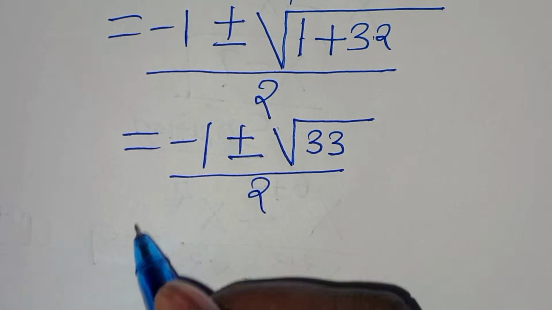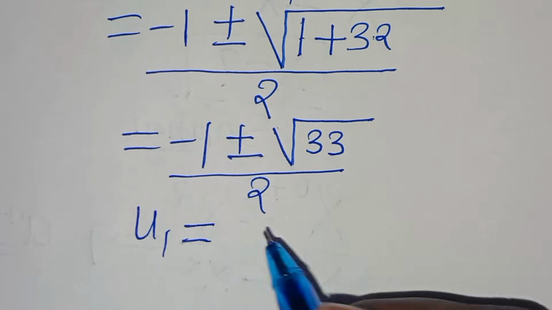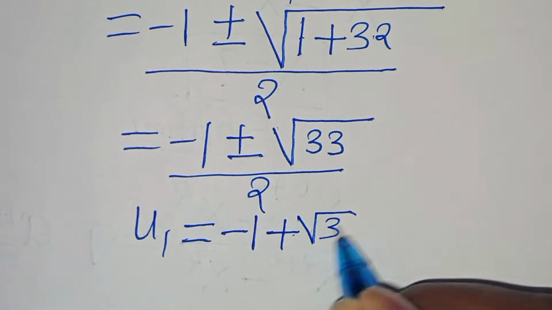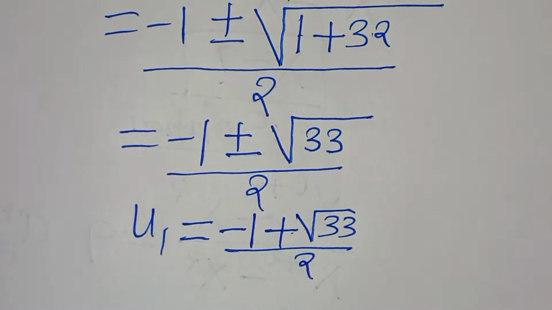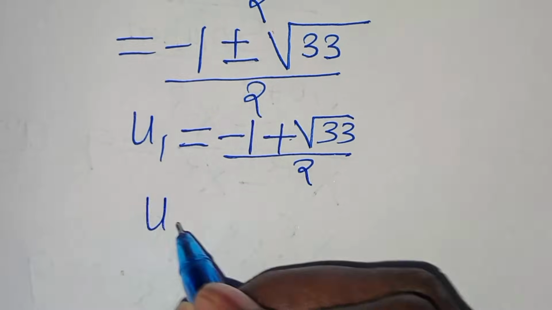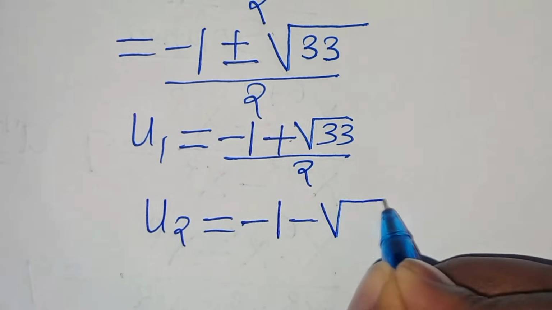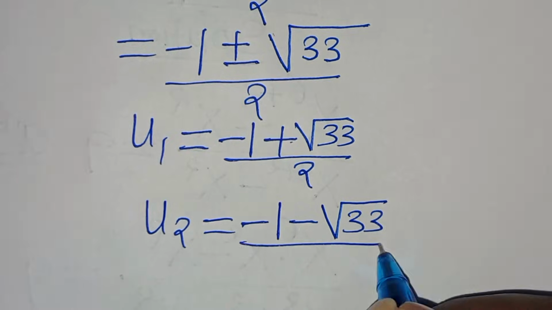So we have that u1 is equal to minus 1 plus the square root of 33 divided by 2, and u2 is equal to minus 1 minus the square root of 33 divided by 2.